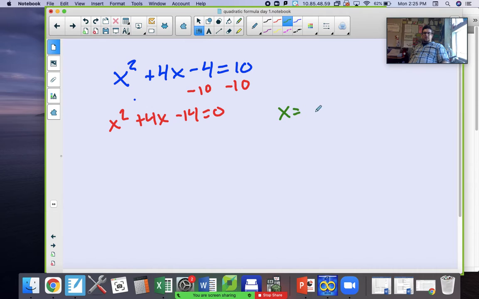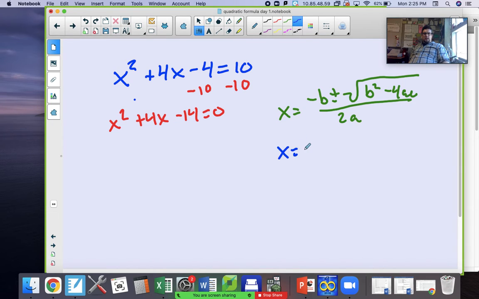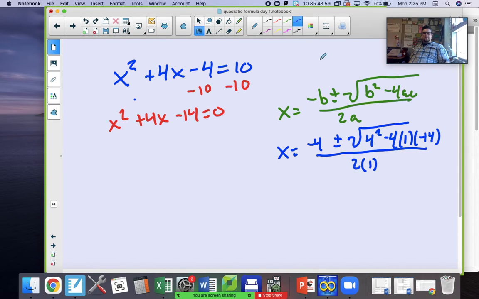It's not factorable, so the only other method we have to solve it is the quadratic formula. So I'm going to write it down over here and begin the process. So we get negative 4 plus or minus the square root of 4 squared minus 4 times 1 times negative 14 all over 2 times 1.